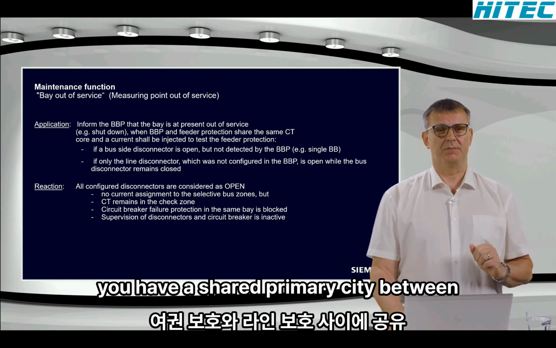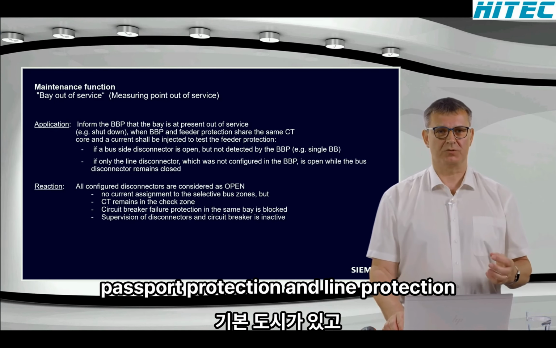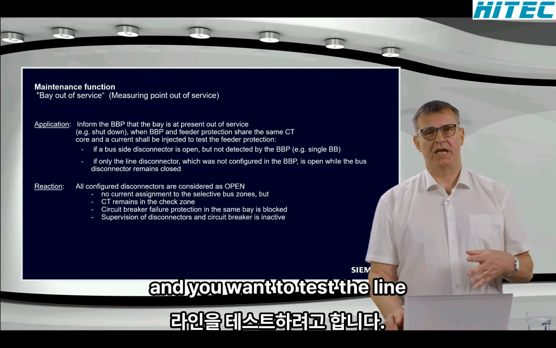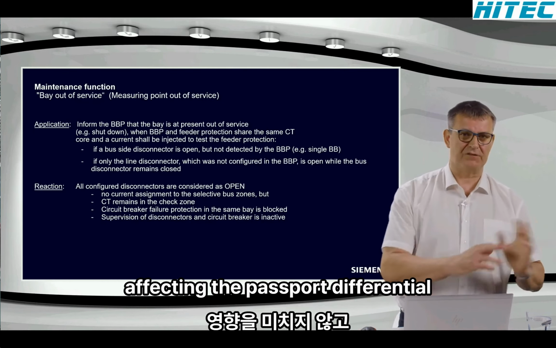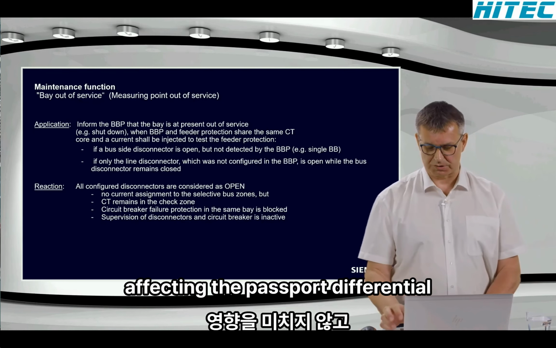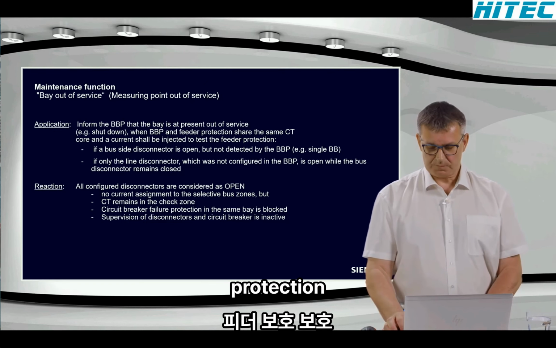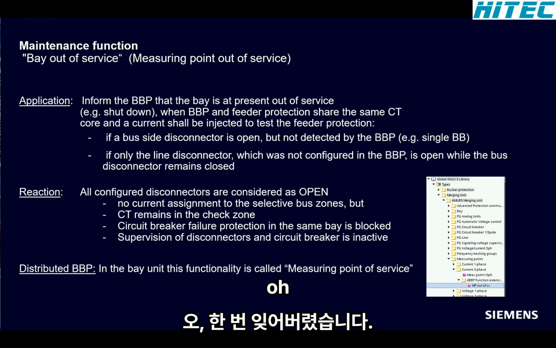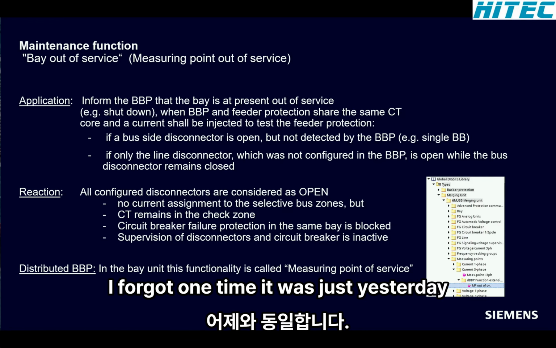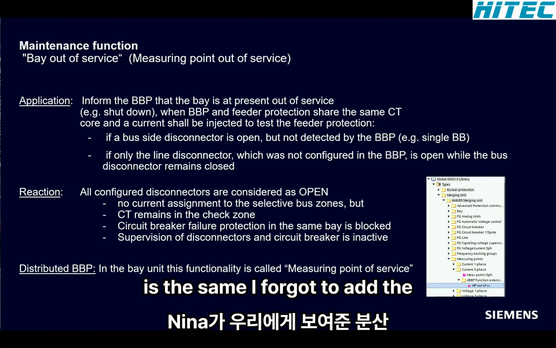You have a shared primary CT between busbar protection and line protection, and you want to test the line protection, the feeder protection, without affecting the busbar differential protection. Oh, I forgot one thing, as yesterday. I forgot to add the following.